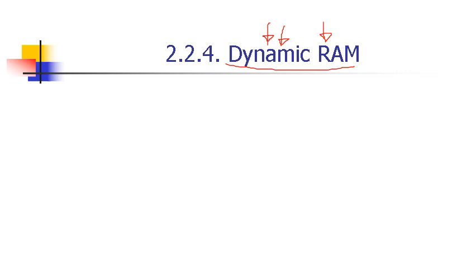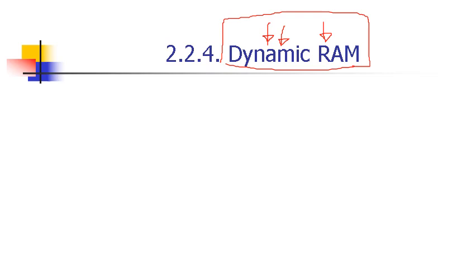Otherwise, you will lose your data even if the power supply is on. So you have to always refresh, we call it refresh, your memory. But why do we have to deal with such a memory that needs to be refreshed? Because it's a simple memory.